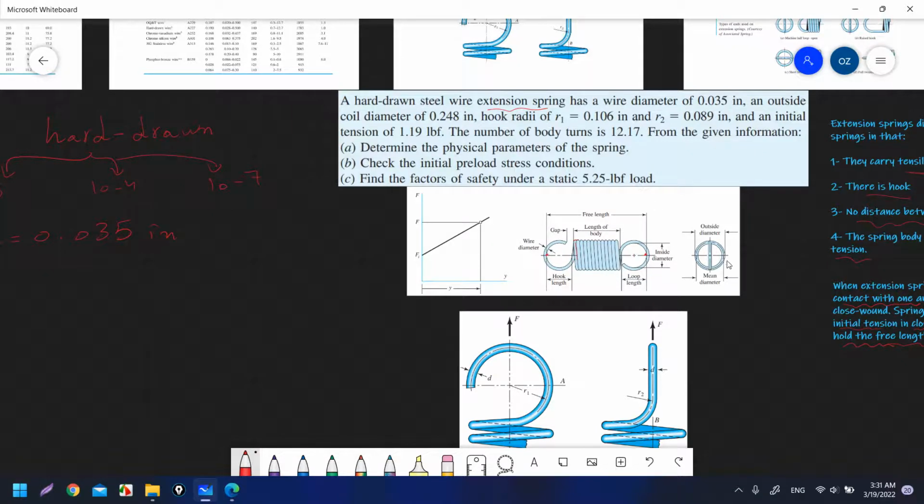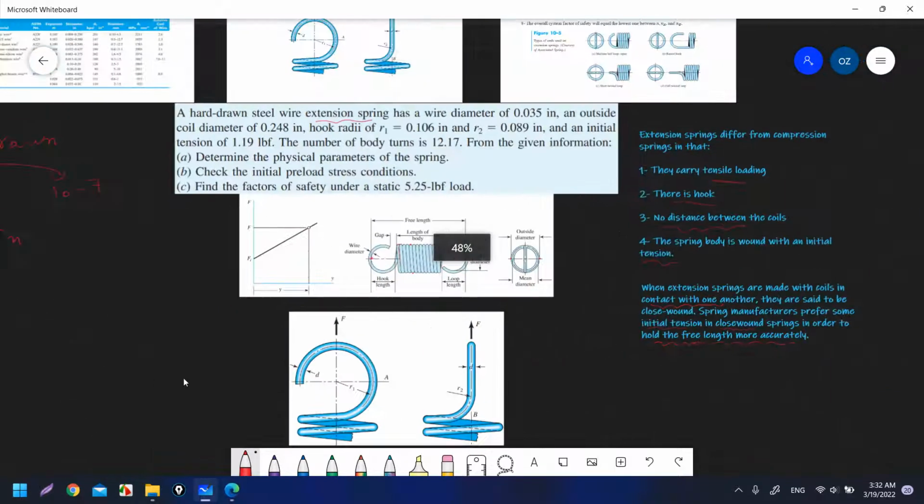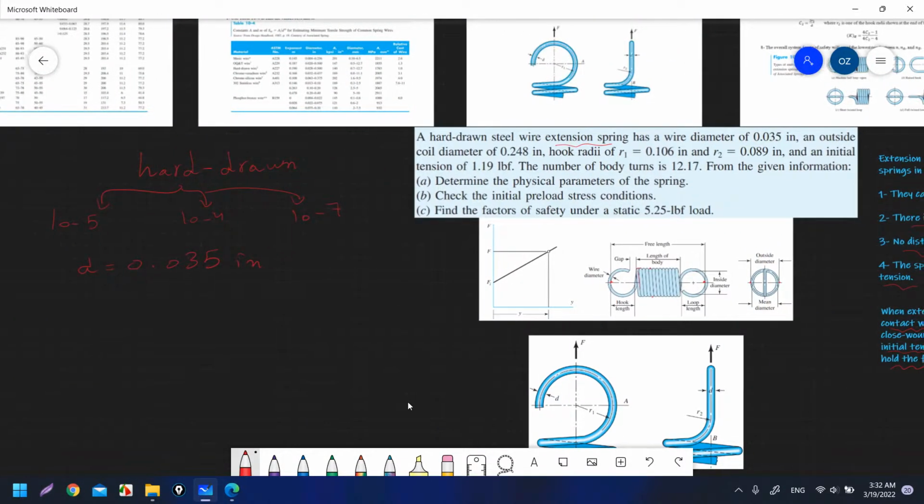When you say outside diameter, we mean that we start from the end here to the end, from the highest point here to the lowest point here. So the outside diameter OD is equal to 0.248, and the hook radii R1 is equal to 0.106 inch and R2 is 0.089 inch.